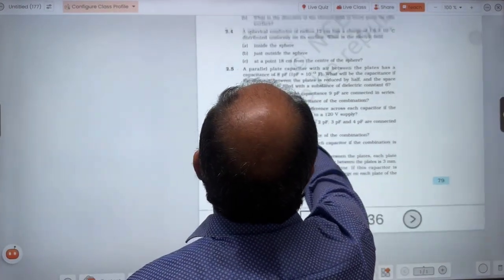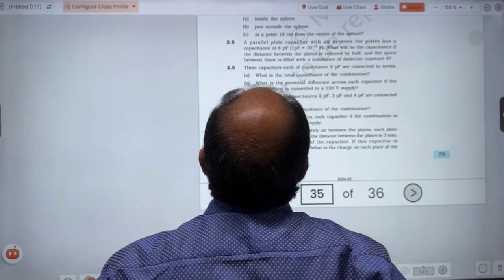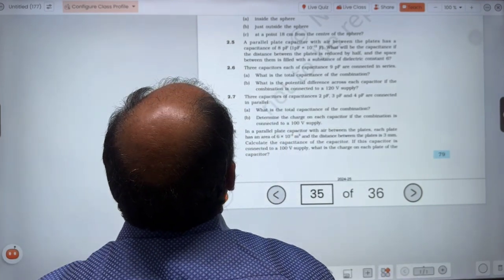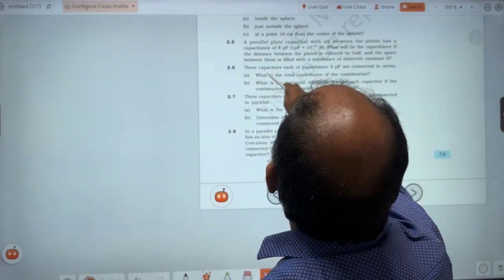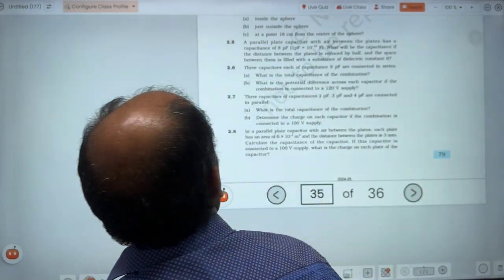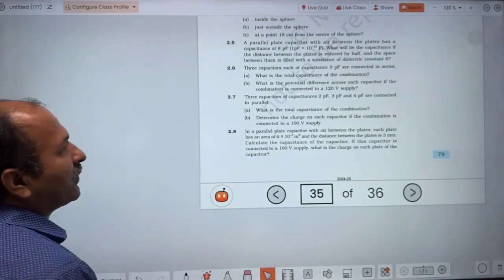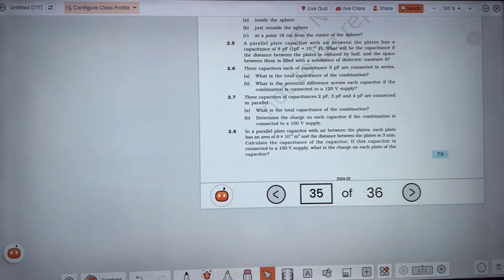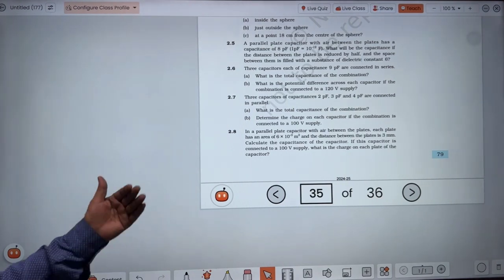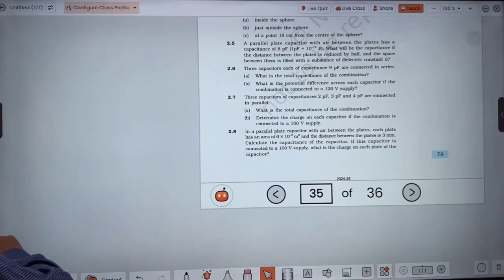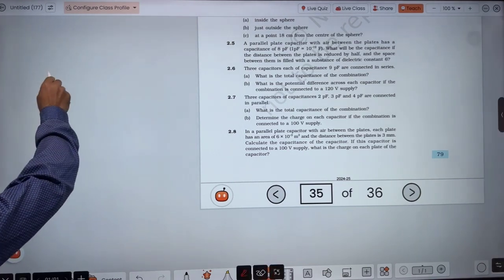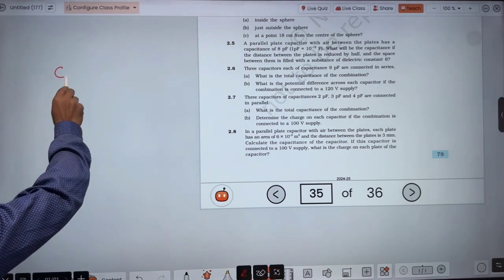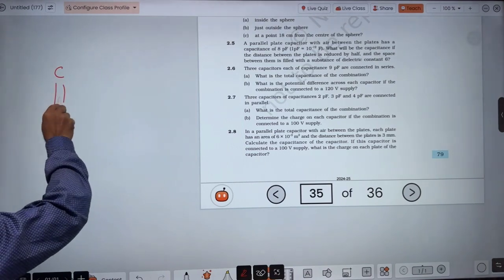So C1, C2, C3. So equivalent, you write 1 upon Cs equal to 1 upon C1 plus 1 upon C2 plus 1 upon C3. There is no doubt. Sorry, 3 capacitors, each of these capacitances, are connected in series. What is the total capacitance of the combination?